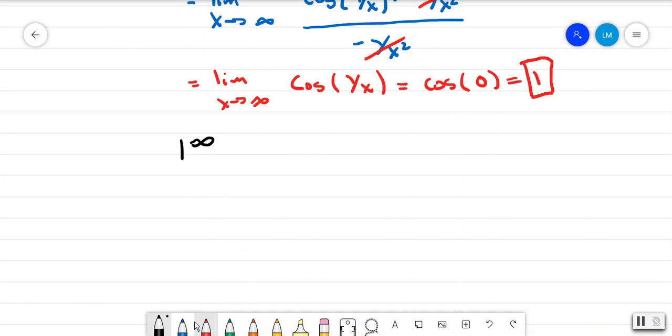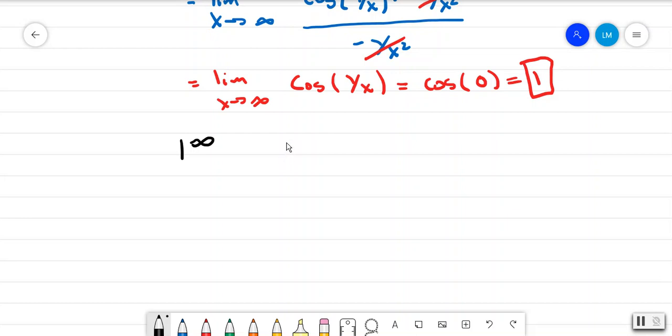If you recall, when you were taking the derivative of the exponential function, most likely you had the situation of deriving the transcendental number e.